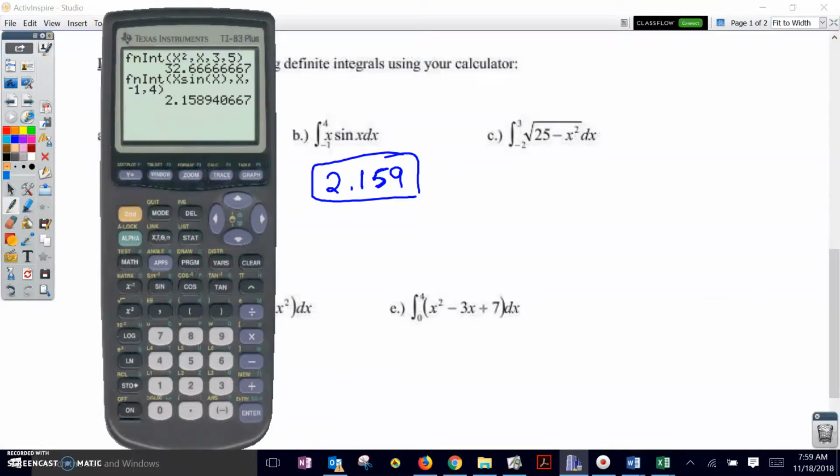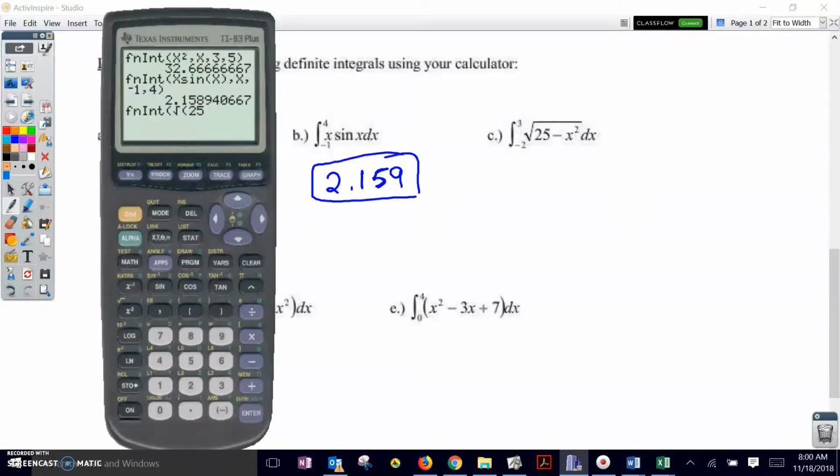And for those of you who have 89 or 92 series calculators, the 89 will be very angry if you just type in x sine of x like I did. On there you'll need to separate the x and the sine of x with a multiplication sign. It does not like the implied multiplication when it does numerical integrals, so you want to keep your eye out for that. Alright, again, I'll pull out my fn-int command.